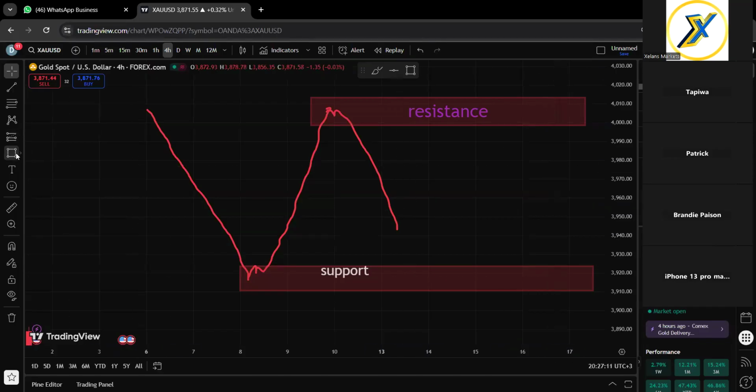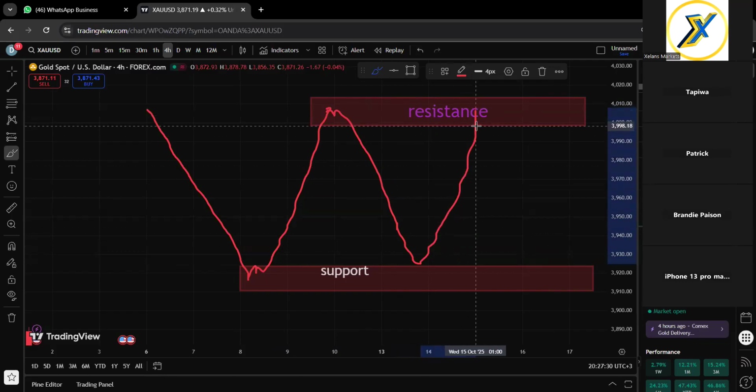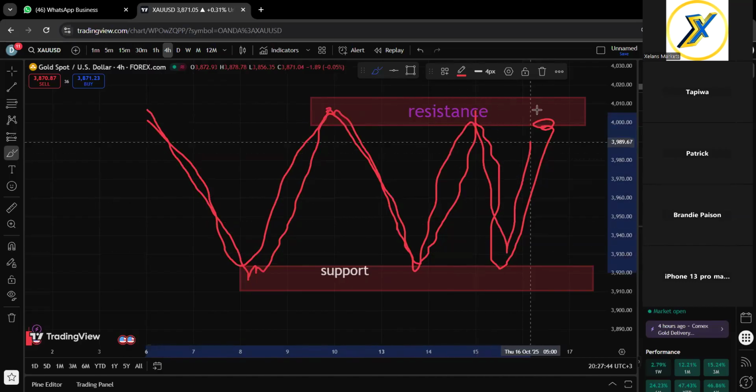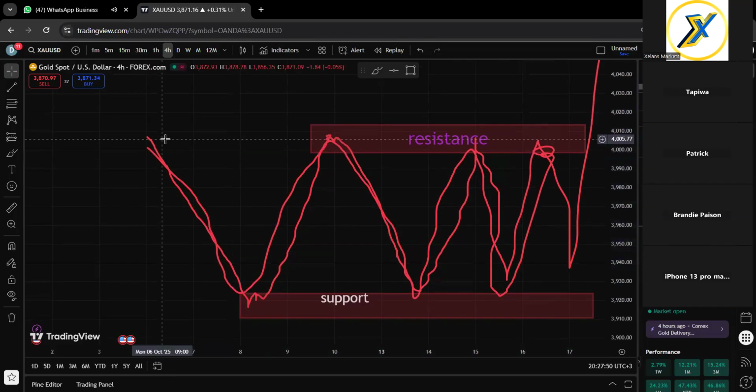So if this was my support, and the market came and changed direction at this area, came all the way up and came back again, I'm expecting the market to tap my support here, then get rejected and go back to resistance, get rejected and come back to support, get rejected and go back to resistance. That's how the market will always move.